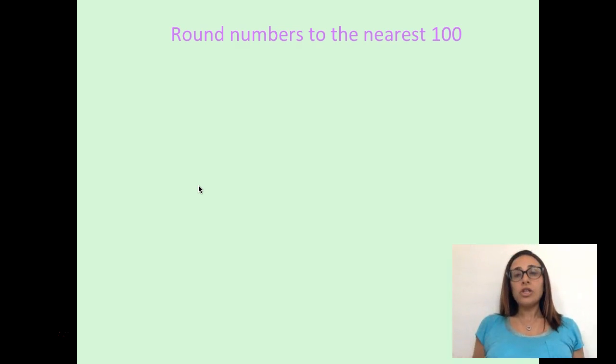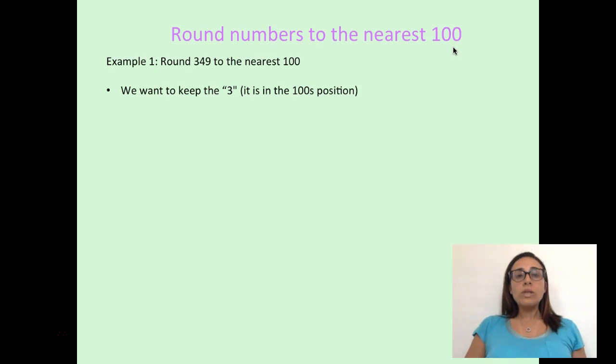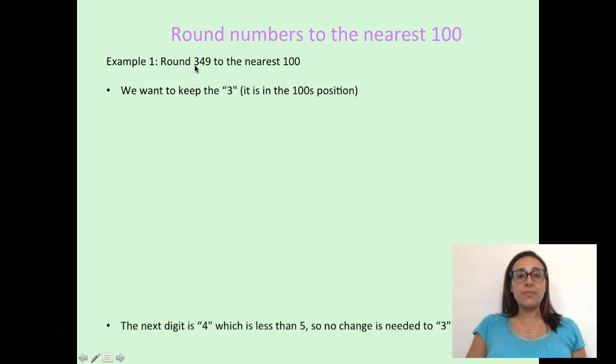So now I'm going to show you how to round to the nearest 100. The principles remain all the same, but now we need to keep the last digit, which is in the hundreds place value, because we are rounding to the nearest 100. Example 1. 349 to the nearest 100. We want to keep the 3 because it's in the 100s position.